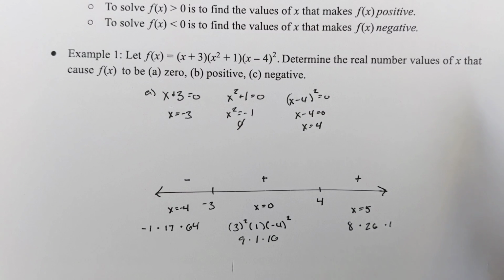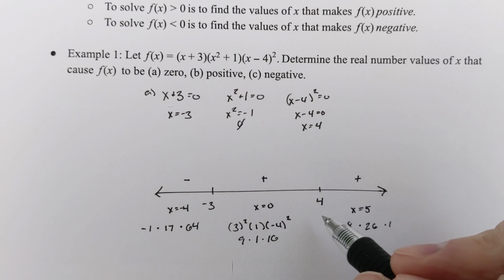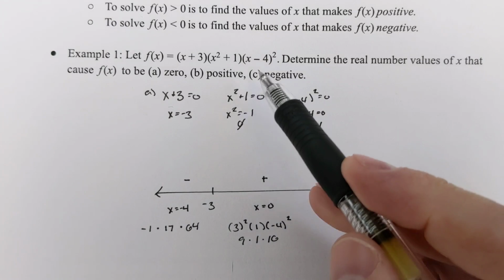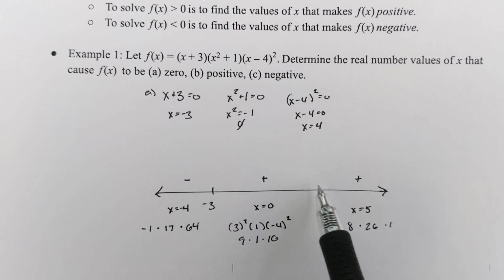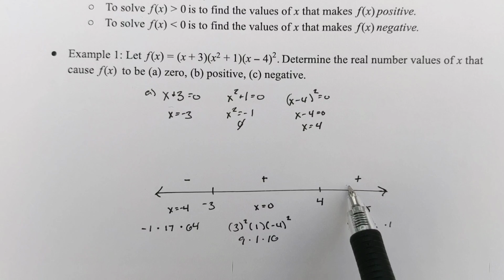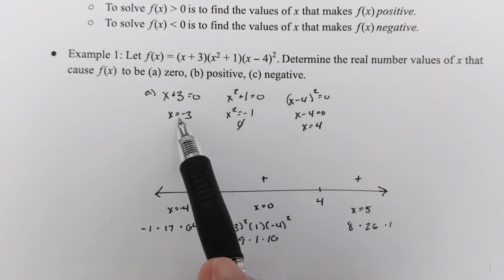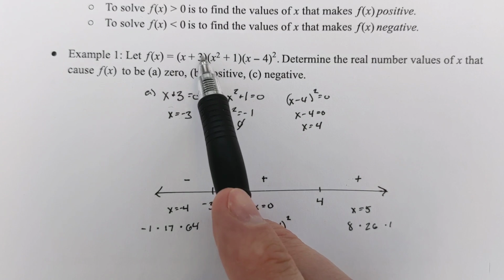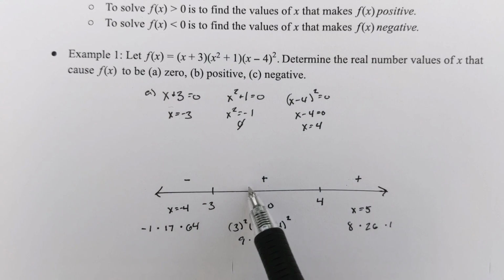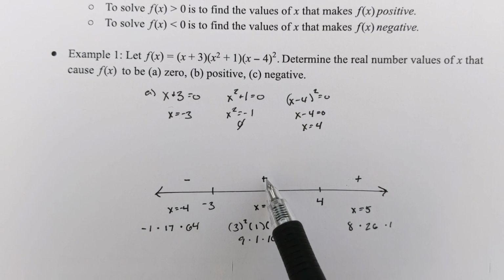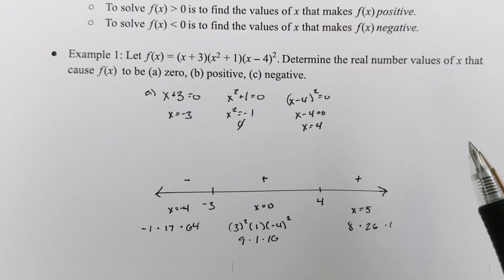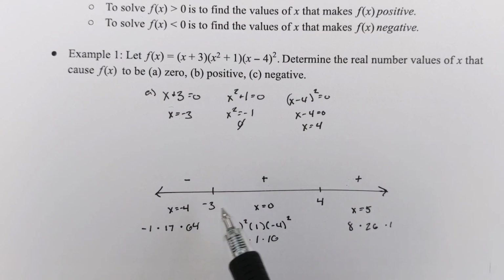The other way, if you remember, is a multiplicity trick. This number at 4 has a multiplicity of 2 because it's squared, which means the sign does not change across that value. So if it was positive here, it has to be positive here because the sign can't change. Negative 3 has a multiplicity of 1 because it's x plus 3 to the first, so the sign has to change across that 0. If it's positive to the right, it has to be negative to the left. So if you use your multiplicity tricks, you can also get the pattern with only having to solve for one section.